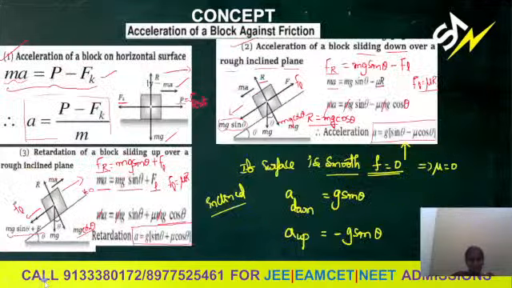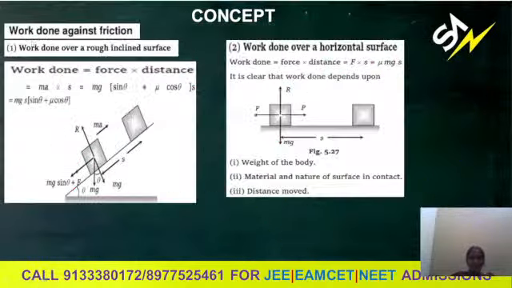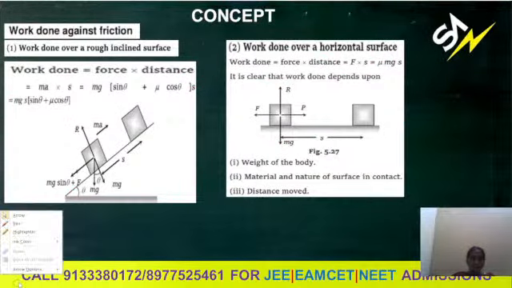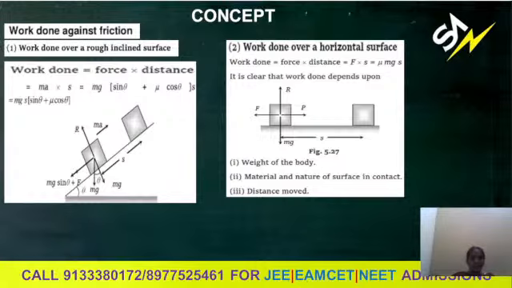Next concept: work done against friction. First situation, the work done over a rough inclined surface. We have already seen the acceleration and the distance travelled in previous slides when the object is on a rough inclined surface.